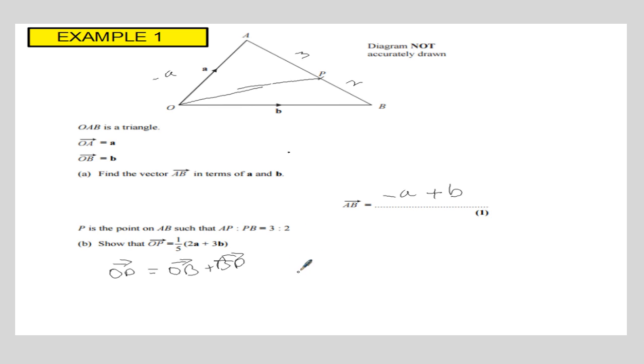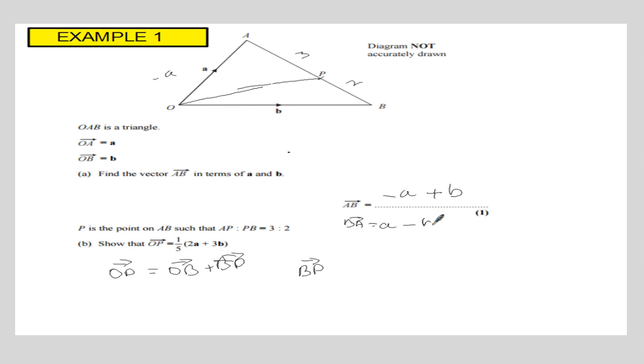So BP is basically a fraction of this vector here. Now we know that AB is minus A plus B. So BA is the opposite direction. So the signs are reversed.